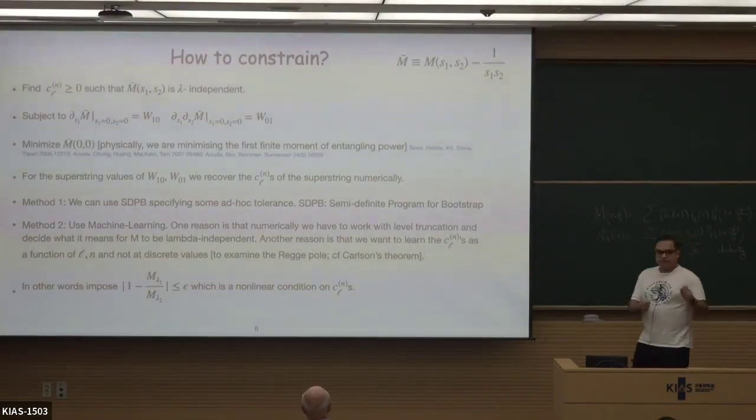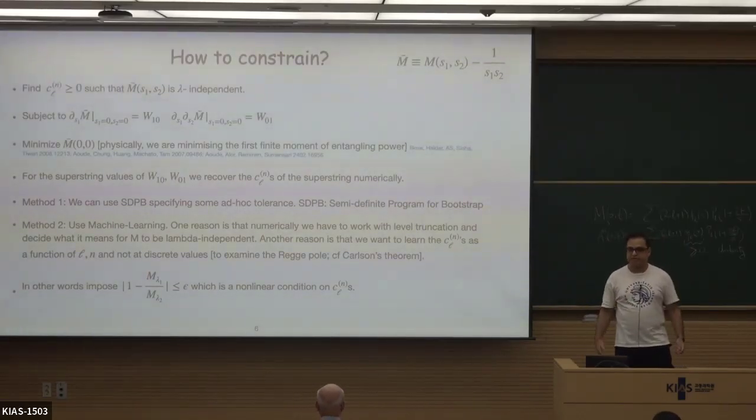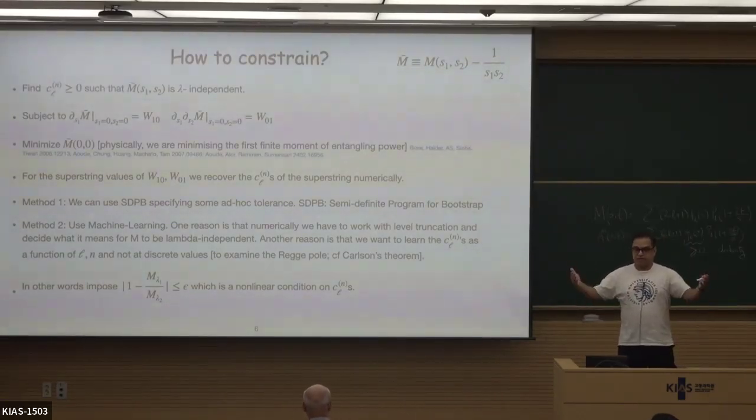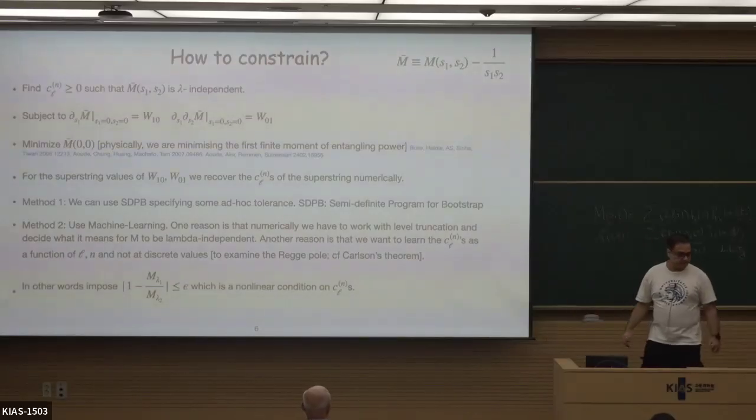You might have thought that if I fix the low energy coefficients, then maybe that has something to do with fixing all the rest of the CNLs, but that is not to be expected because you are expanding around s equal to 0, t equal to 0, and there's no reason why this expansion should know about all the remaining poles that are there in the theory.